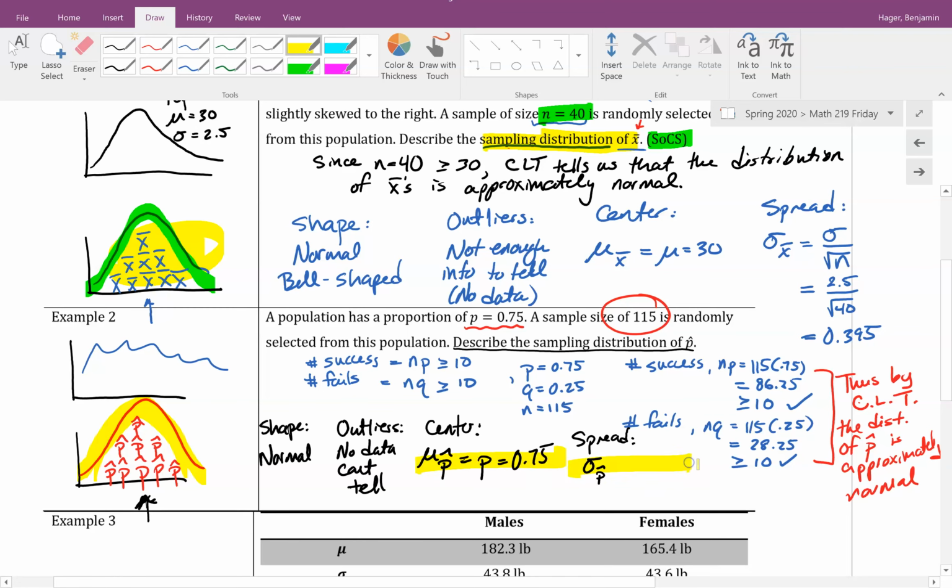The formula on the previous page tells us to take the square root of P times Q over N. So this would be the square root of 0.75 times 0.25 over 115. That's 0.040 if I typed it in my calculator correctly. So that's the spread.